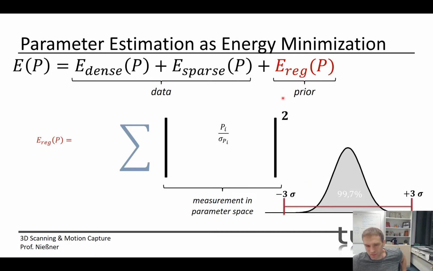Practically speaking, what this means for the optimization is that you literally sum up the squared parameter offsets from the mean. This is very straightforward. It's just the measurement in parameter space of the face model. One thing to consider is that different parameters might have to be reweighted differently.